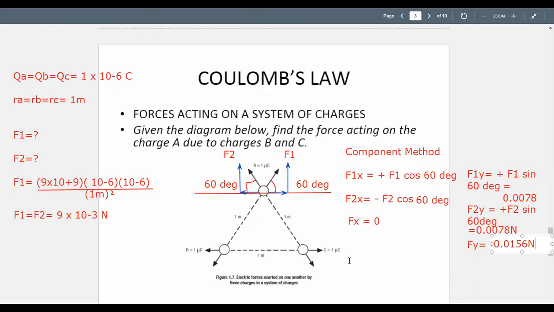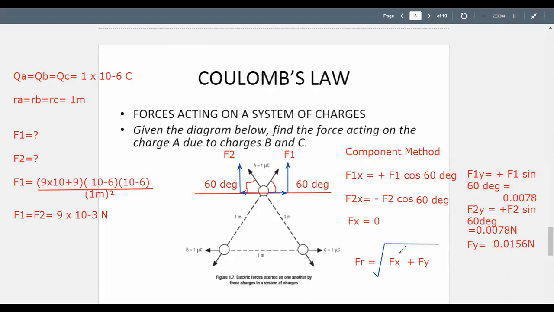So to get the resultant, what's the resultant? Maybe you can call it F sub r. So resultant is equal to the square root of Fx squared plus Fy squared, and we extract the square root. So this is how we get the resultant by our component method.